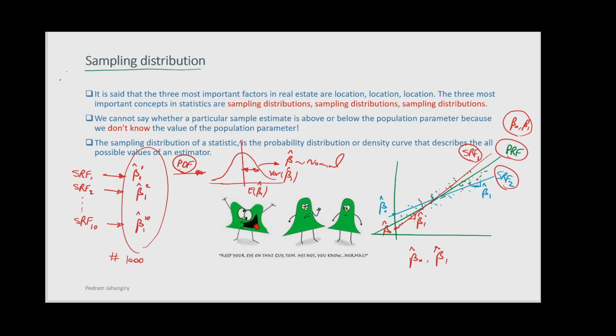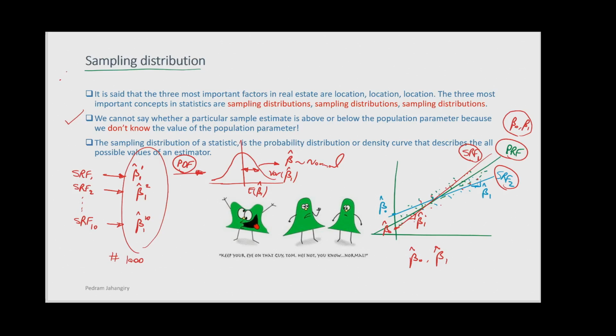So let's go to the second bullet point. This means that you cannot say, for a particular sample, for instance the one in the Wooldridge textbook, whether the sample estimate is above or below the population parameter, because we don't know the value of the population parameter.